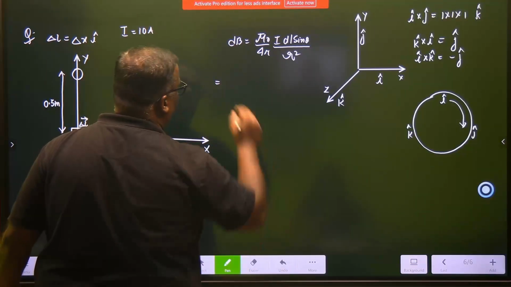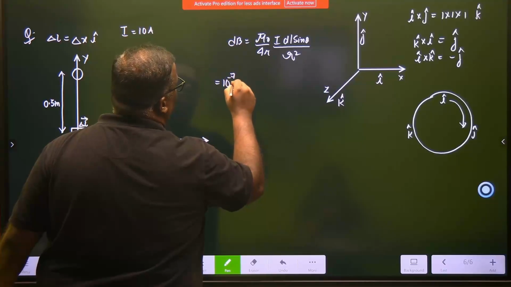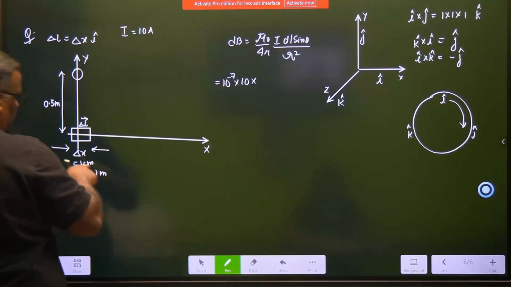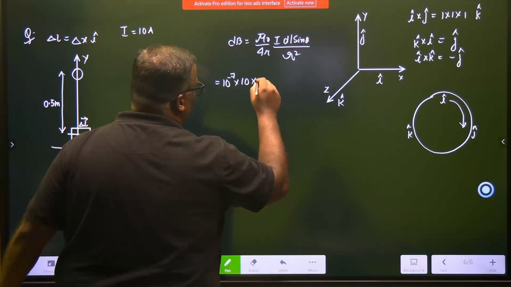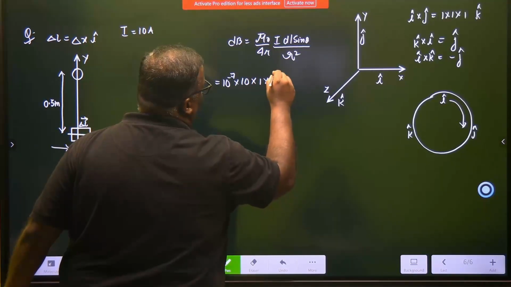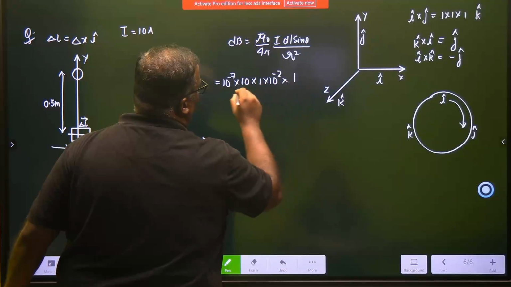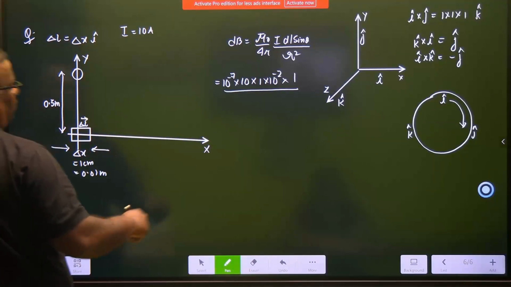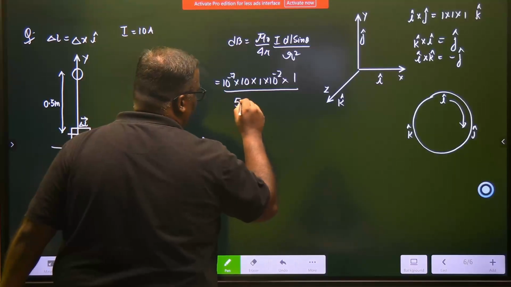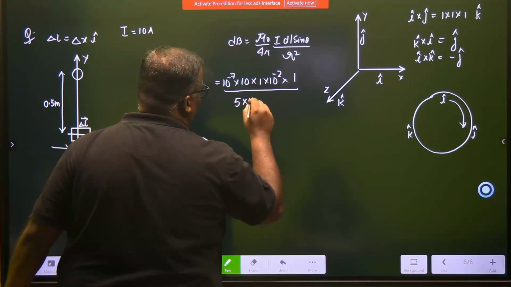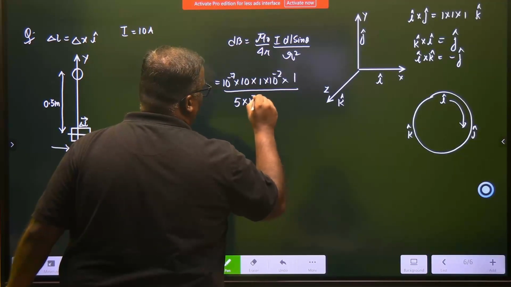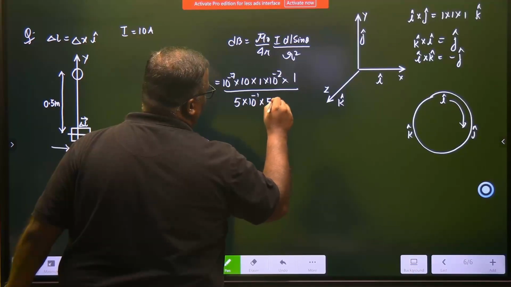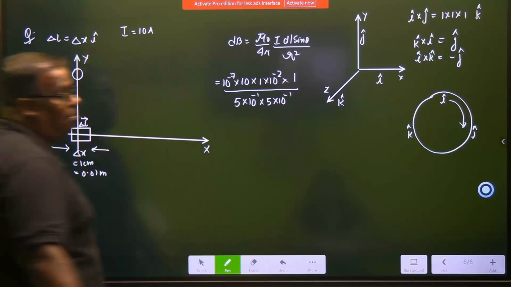It is 10 to the power minus 7. What is the value of I? 10 amperes. What is the length of the current element dl? 0.01, so 1 into 10 to the power minus 2. Sine theta is 1. And what is the value of r square? It is 0.5, so it is 5 into 10 to the power minus 1, and square.